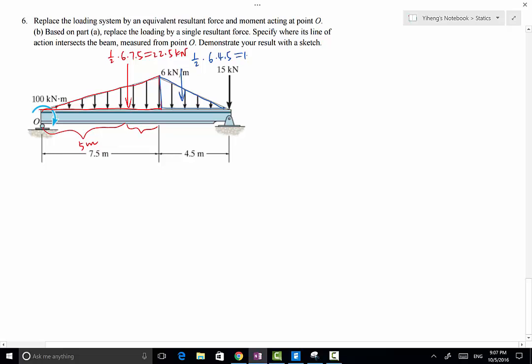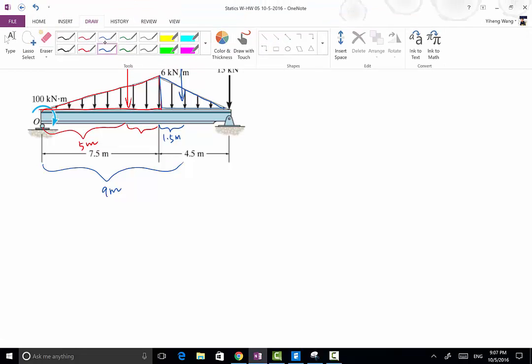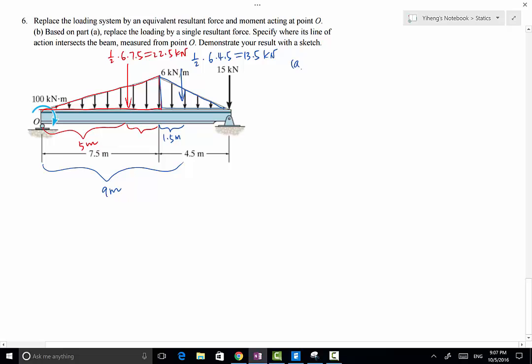And that equals 13.5 kilonewton. The location is 1/3 from the base, so 1.5 meter from this base, therefore 7.5 plus 1.5, 9 meter from point O. So now we're ready to calculate the resultant force of this system.